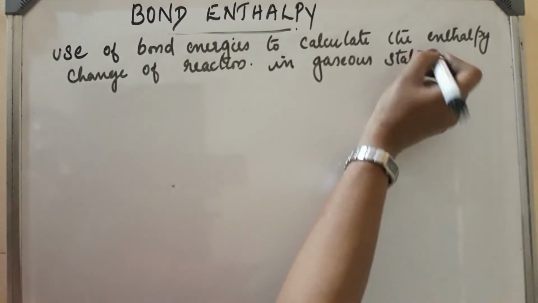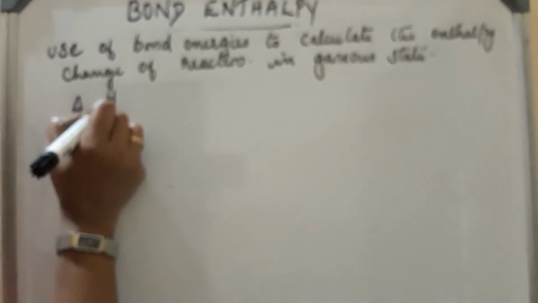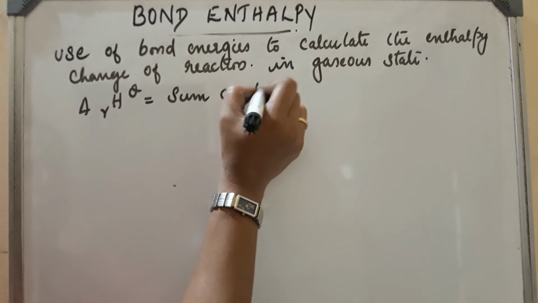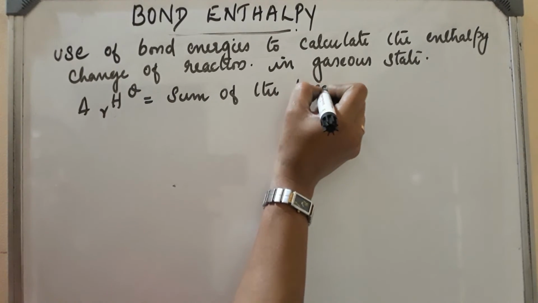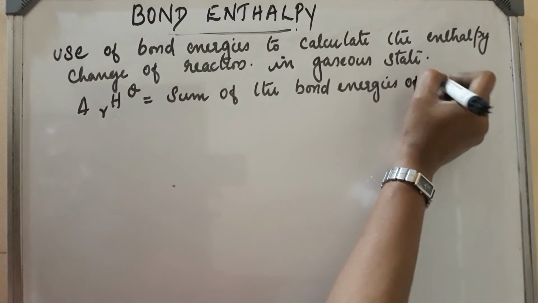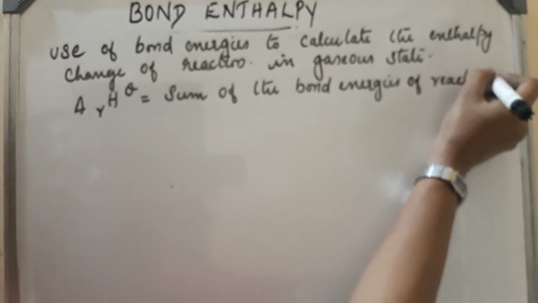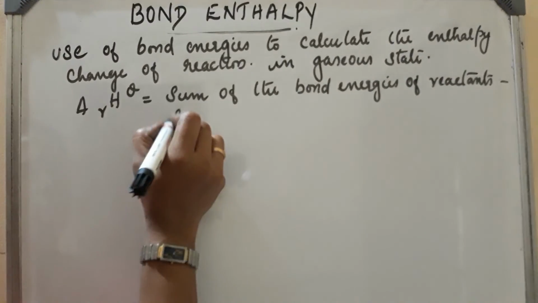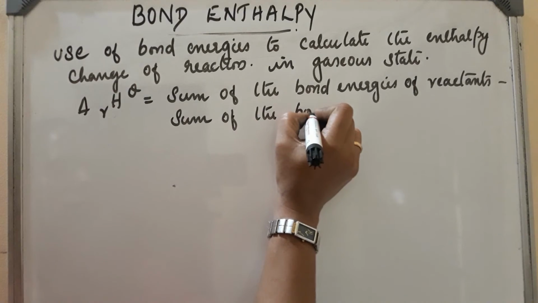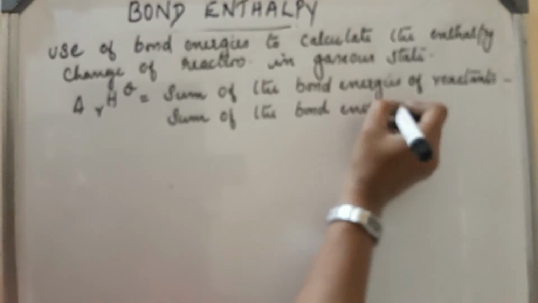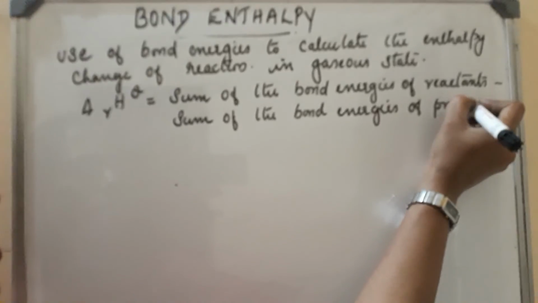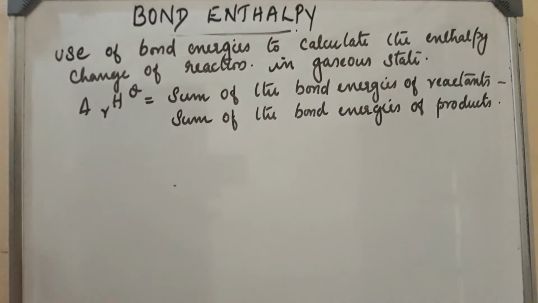Okay. So delta H will be equal to sum of the bond energies of reactants minus sum of the bond energies of products. So this will be the equation.